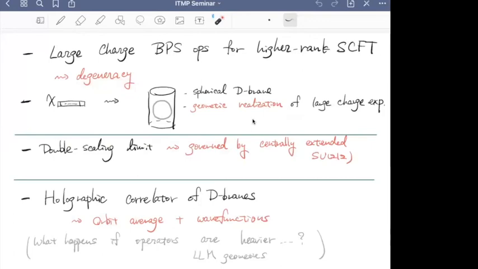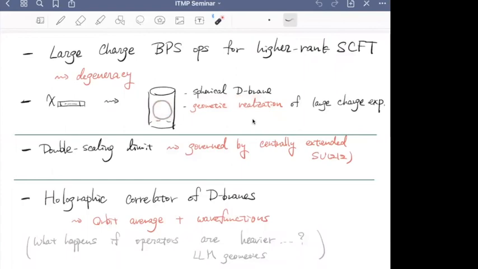In order to have a nice effective field theory description, you need to consider some linear superposition of the operators. In the holographic theory or large N theory, there is a simple basis which realizes this, called the Schur polynomial basis. The simplest one, which consists of a single row, is holographically dual to a spherical D-brane. And this holographic point of view gives you the geometric realization of the large charge expansion.